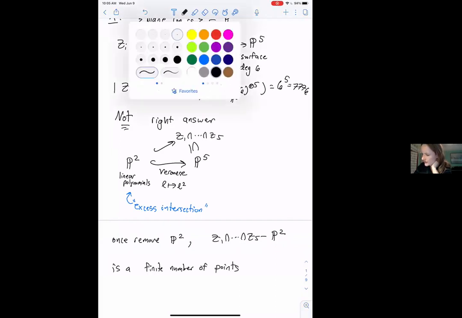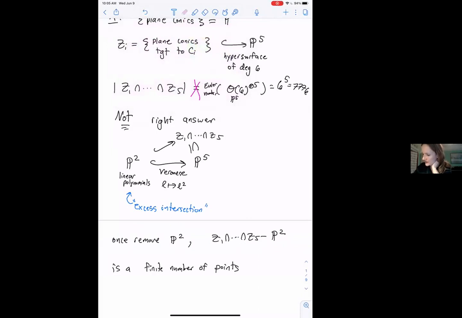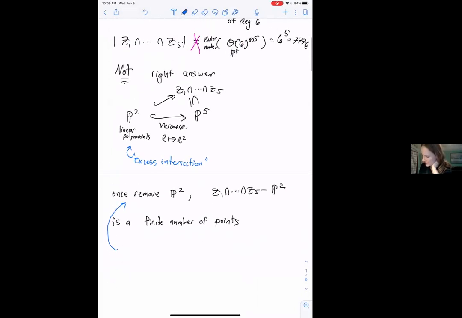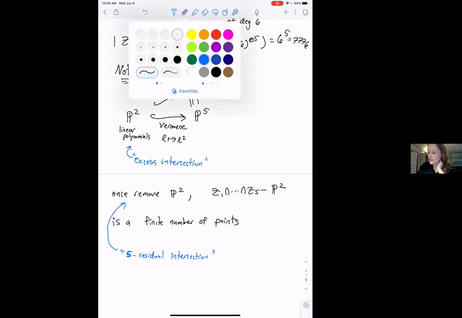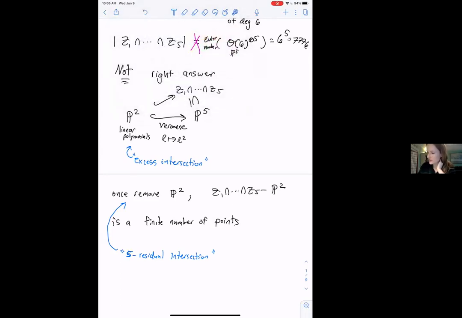So removing the P2 and the fact that we then got the expected dimension makes this a residual intersection. One can calculate the number of points with an excess intersection argument.